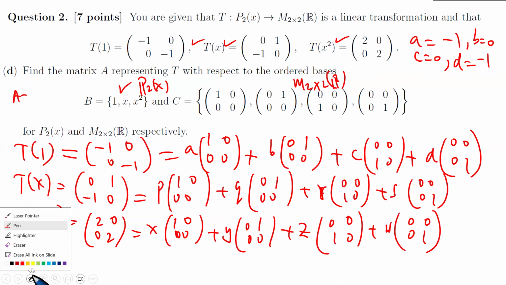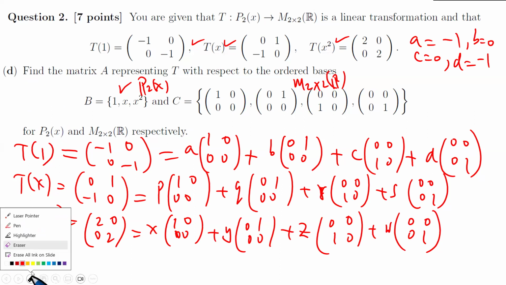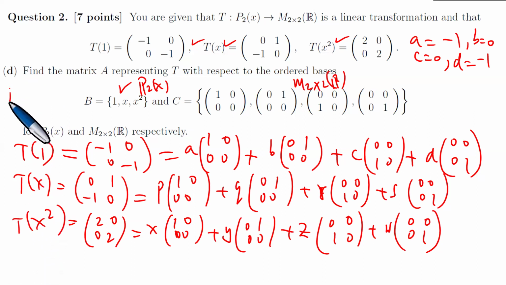We're going to call it the matrix A. Because it's the first one, it's going to produce the first column. So the column is going to be A, B, C, D, which is -1, B 0, C 0, D is -1. Okay, that is what we get.